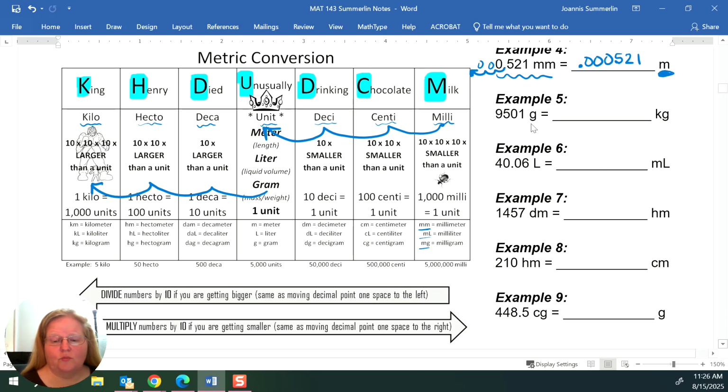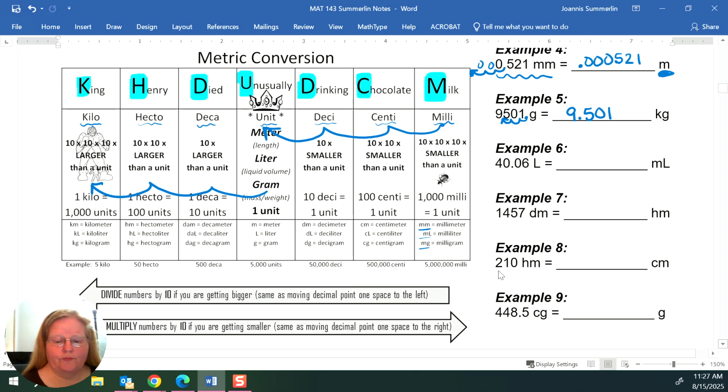If you don't have a decimal point, that means it starts at the end of the number. So it's going to be right there. And I move it 1, 2, 3 places to the left. So it's going to be 9.501 kilograms.